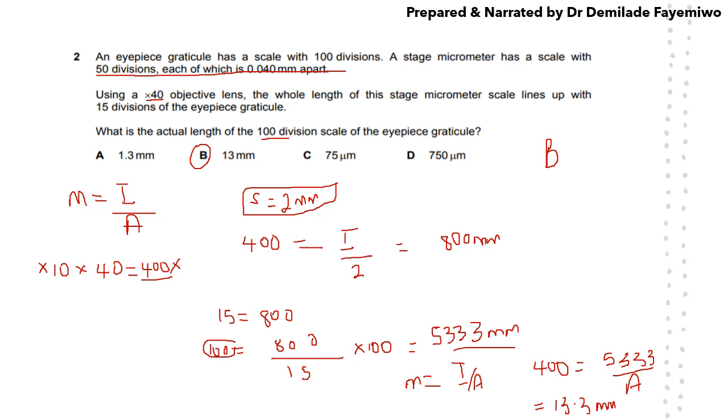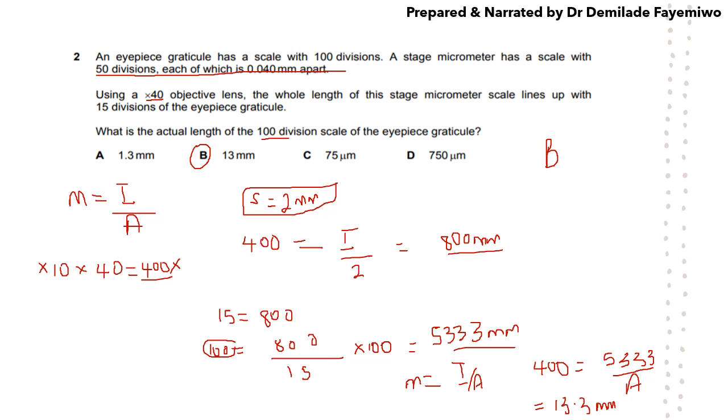So the image size would be 800 millimeters. If 800 millimeters fits into 15 divisions on the eyepiece reticle, then 100 divisions on the eyepiece reticle would simply be 5,333 millimeters.